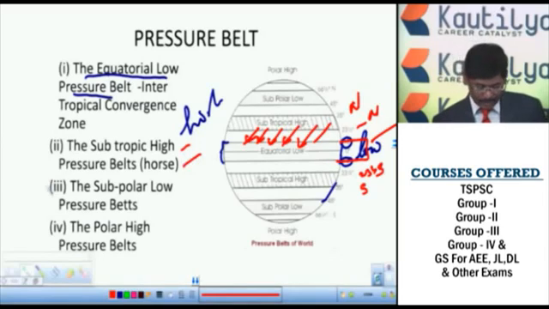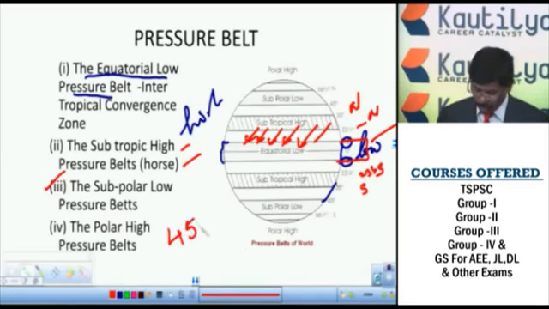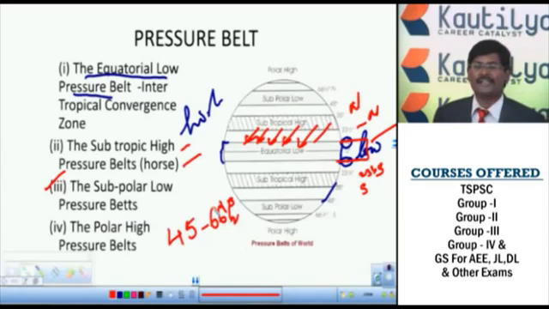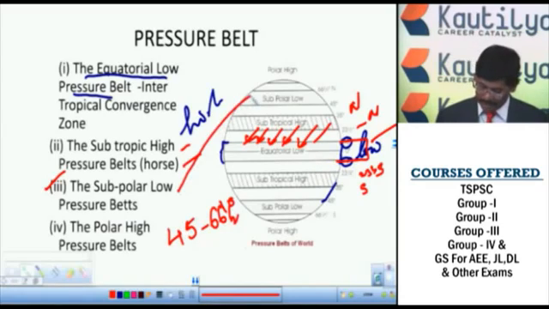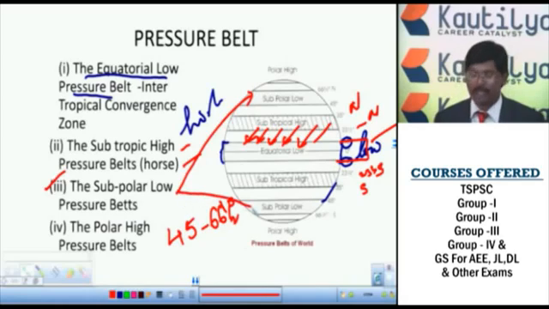That's the second one. Then the third important one, if you observe, subpolar low pressure belts. The subpolar low pressure belt extends from 45 degrees to 66.5 degrees in the north and southern parts. So there are the north subpolar low pressure belt and the south subpolar low pressure belt, extending from 45 degrees to 66.5 north.